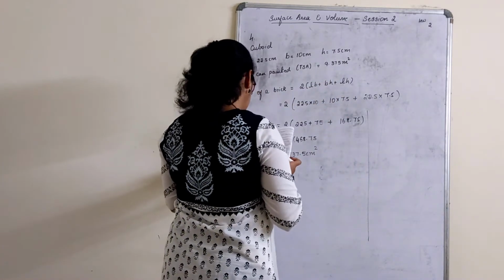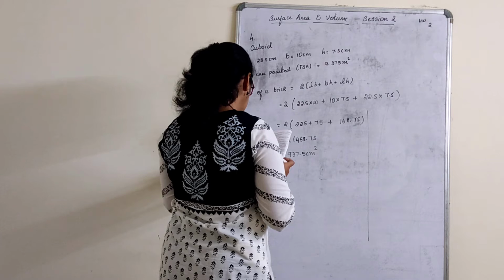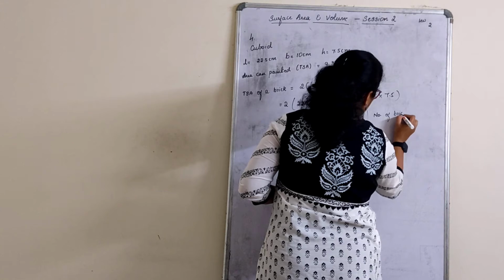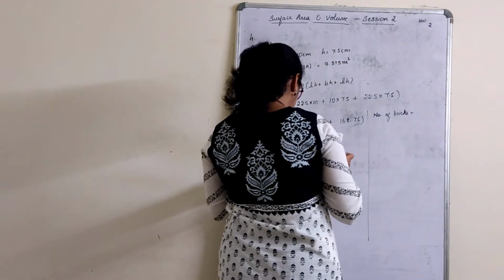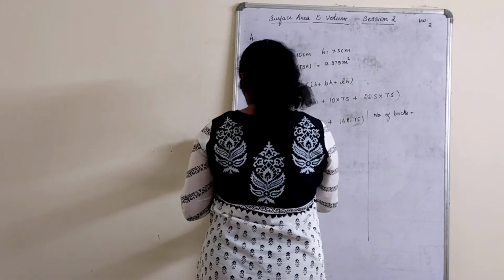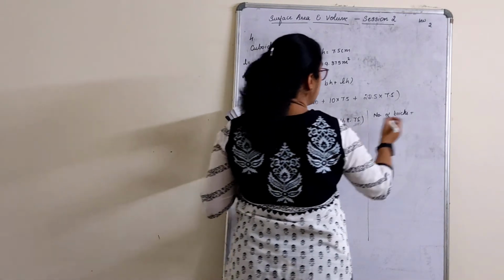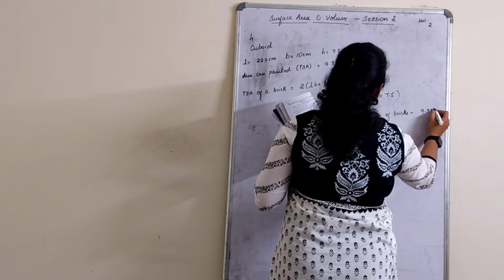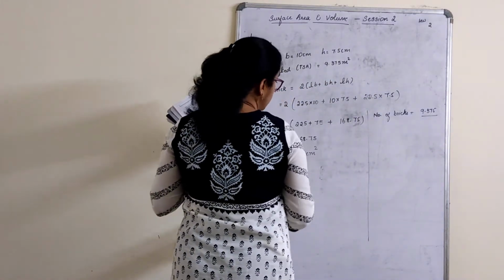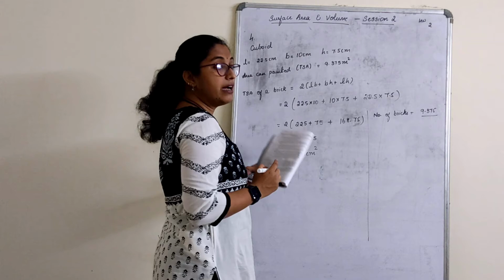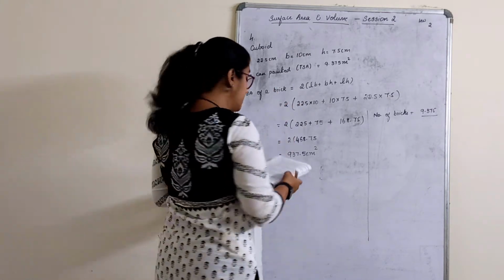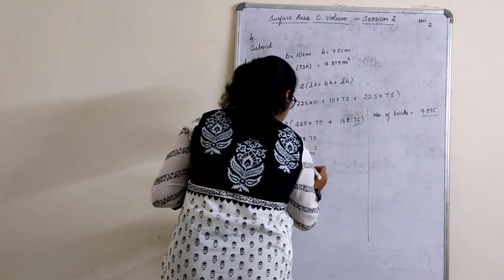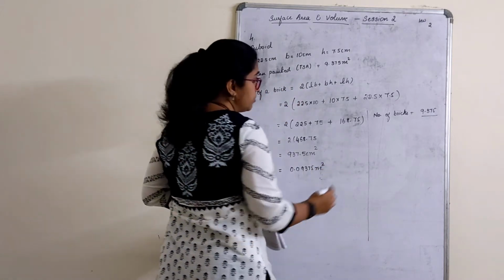Now, according to the question, what they have given here is how many bricks of this area can be painted. Number of bricks is equal to total area that can be painted, which is 9.375 divided by 937.5 centimeter square. I'll make this in terms of meter square because number of bricks will be easy for me. Convert this in terms of meter square. 0.09375 meter square you get.